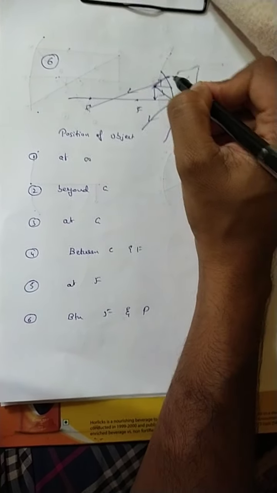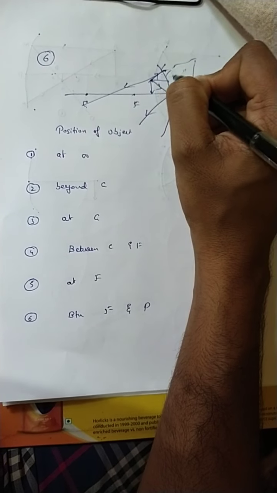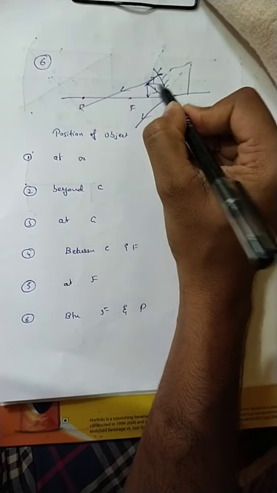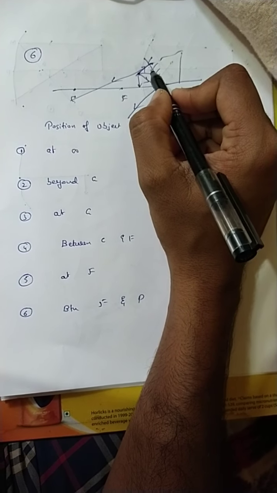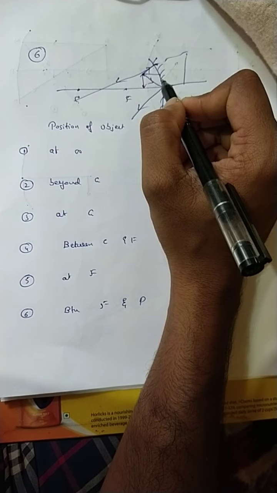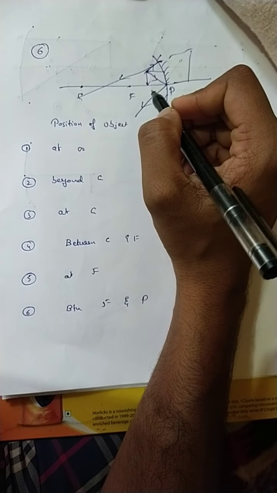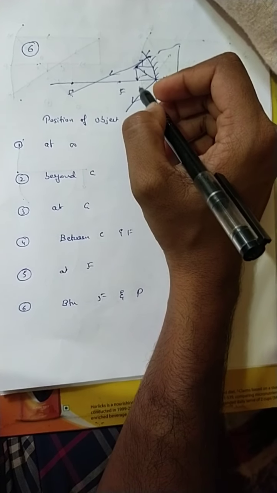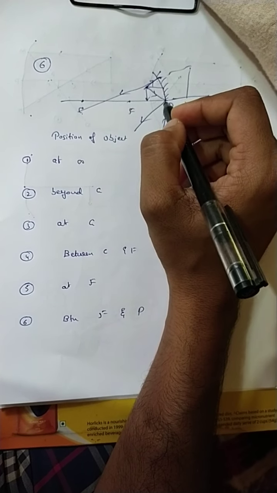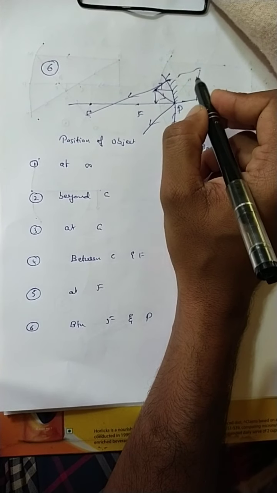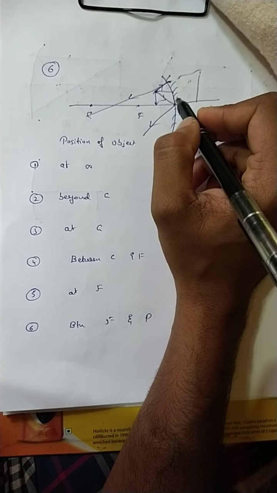right. We have to get the image on the other side of the mirror. Why? Because the object is very close to the reflecting surface, so we cannot get the image on the same side. When the object is placed between F and P, closer to the reflecting surface, the image is obtained on the other side of the mirror, right.